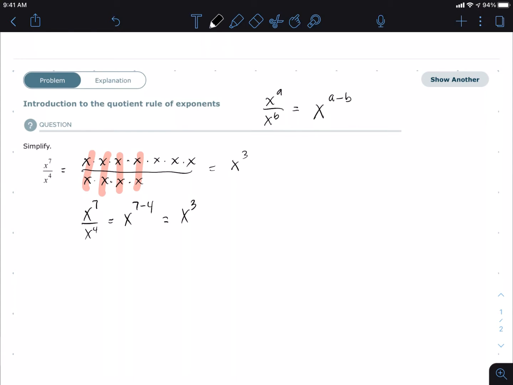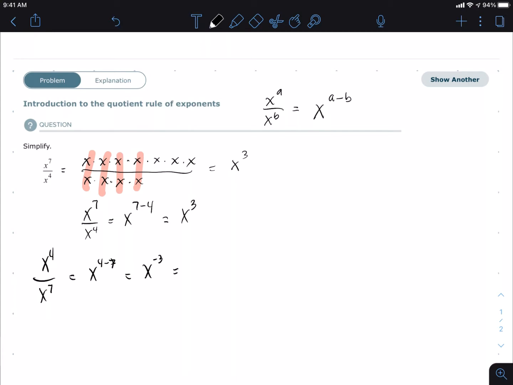Now, one thing that I don't like about the rule is it's so specific. If I had flipped it this way, you would think, okay, by the rule I have to go x to the 4 minus 7, which would give me x to the negative 3.